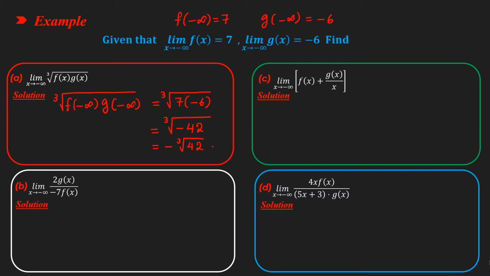In part B we have the limit of 2g over minus 7f when x goes to negative infinity.